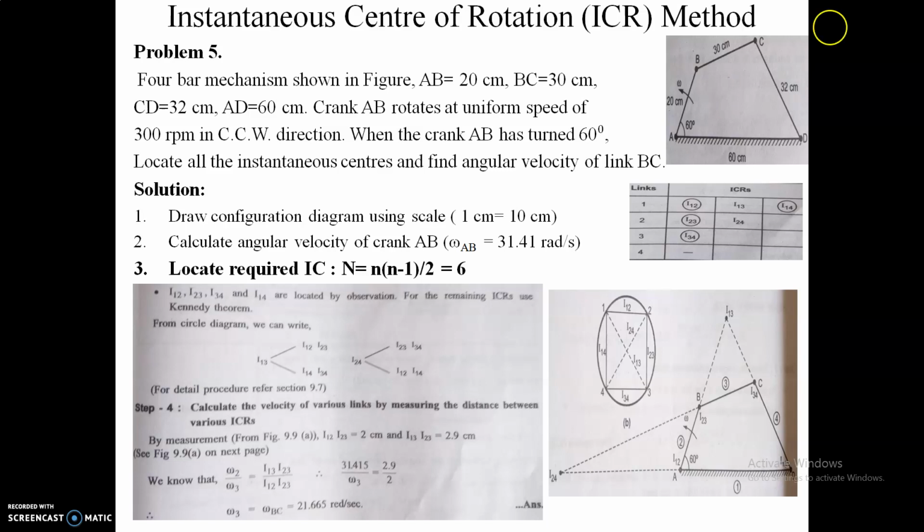By 1 3 two triangles are formed, 1 2 3 and 1 3 4, made by IC12, IC23, and IC14, IC34.